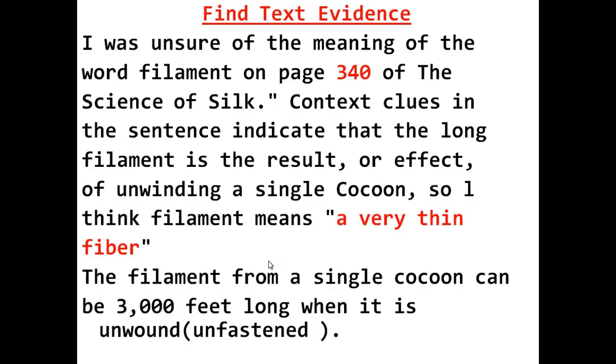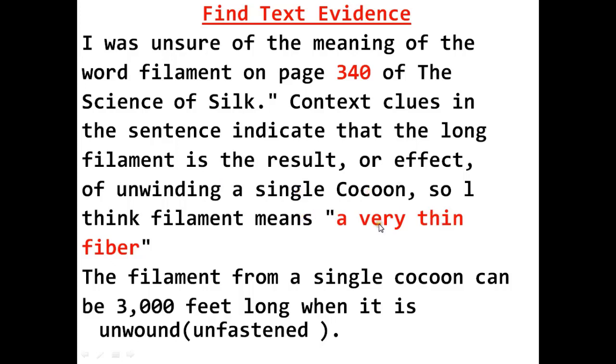Find text evidence. For example, I was not sure of the meaning of the word filament on page 340 of The Science of Silk. What does it mean? If you don't know, you can infer by looking at the context of the whole lesson and derive your own meaning. Context clues in the sentence indicate that the long filament is the result or effect of unwinding a single cocoon.